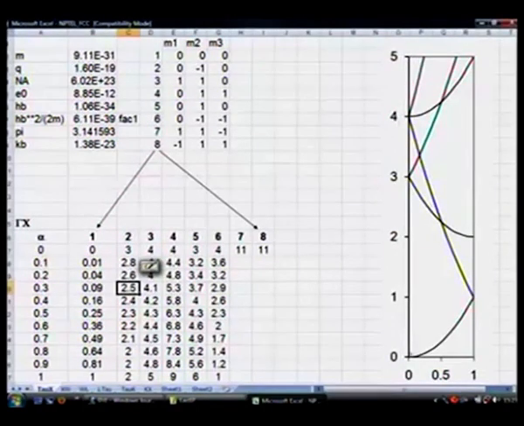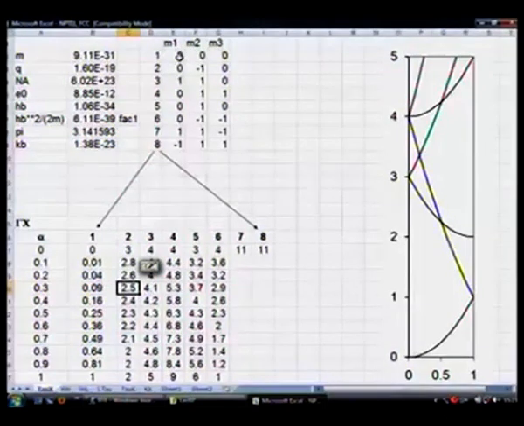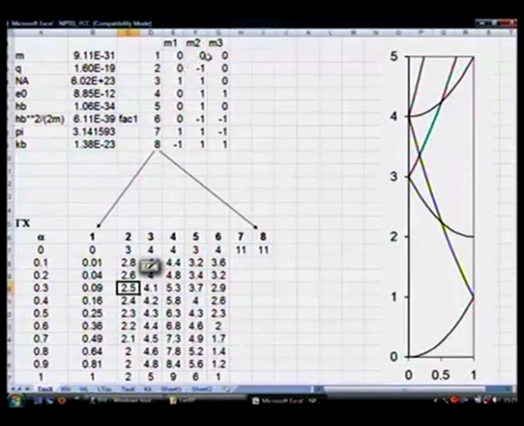This energy which I have just mentioned to you is on the y axis. Notice, I am showing you an Excel file. In the Excel file, I am using different values of M1, M2 and M3 for different curves. I am going to show you 8 different curves, where M1, M2, M3 are equal to 0, 0, 0, then 0, minus 1, 0, and then 1, 1, 0, and so on.